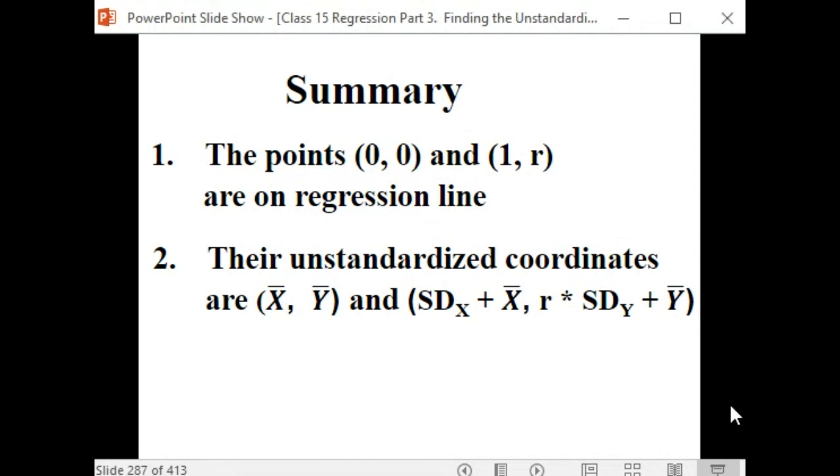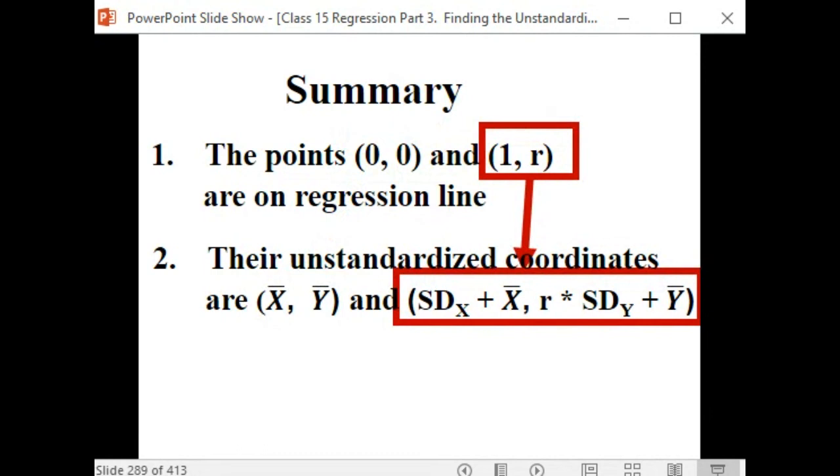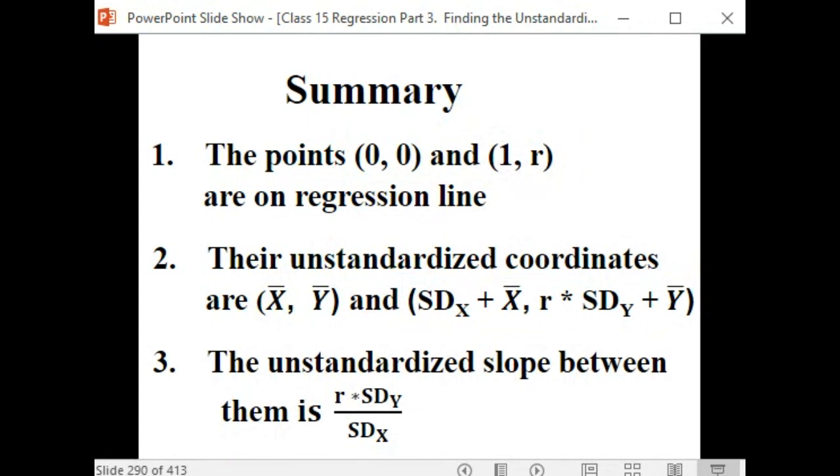And we showed that these are the unstandardized coordinates of the point of averages, and these are the unstandardized coordinates of the 1r point. And third, we calculated that the unstandardized slope of the line between the 2 points is r times the standard deviation of y divided by the standard deviation of x.